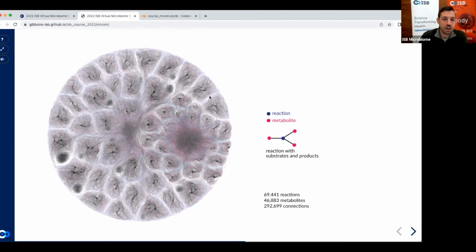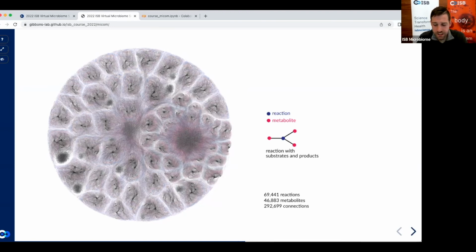And there are thousands of internal reactions as well as exports and exchanges between individual taxa and with the outside environment. So you can see that this community model shown here has nearly 70,000 reactions, over 45,000 metabolites, and nearly 300,000 unique connections between those.